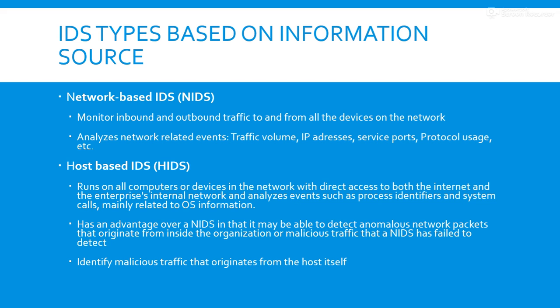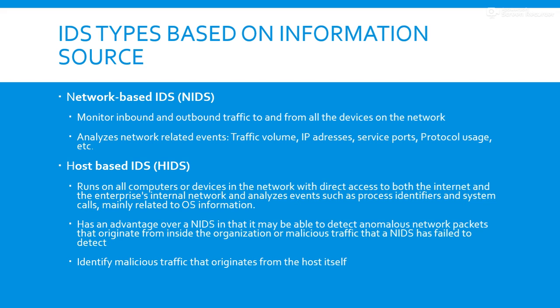A network based intrusion detection system is deployed at a strategic point or points within the network where it can monitor all inbound and outbound traffic to and from all the devices on the network. So they analyze network related events like traffic volume, IP addresses, service ports, and protocol usage of different devices.